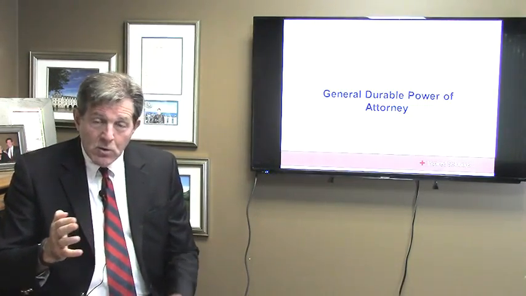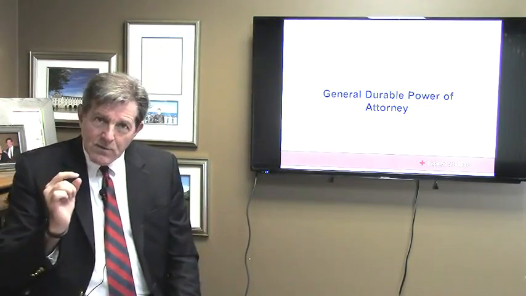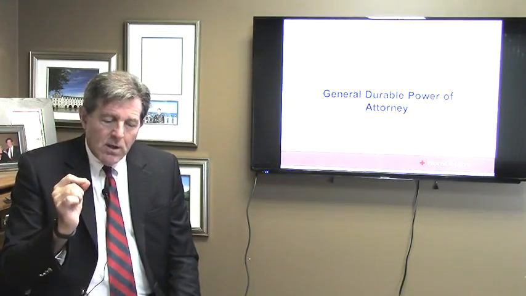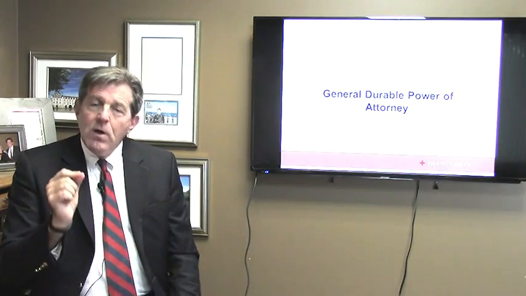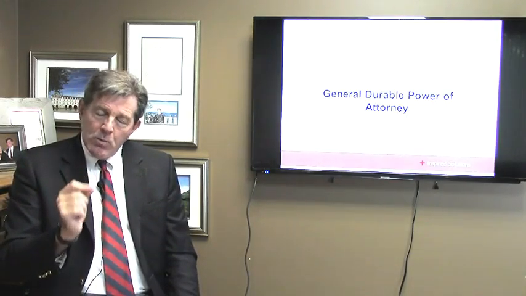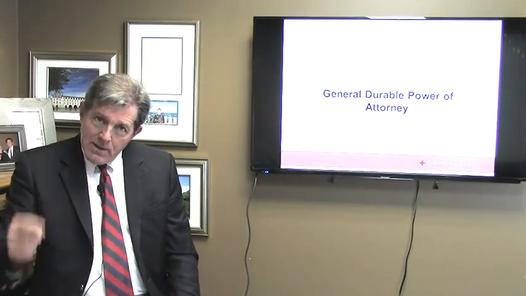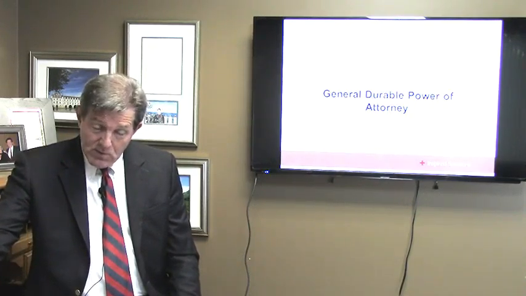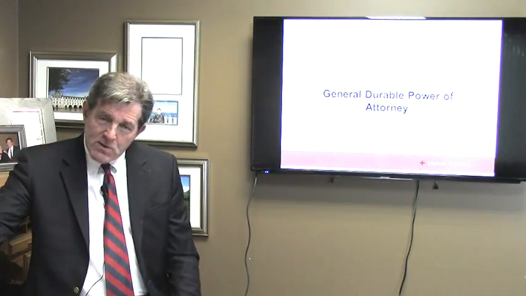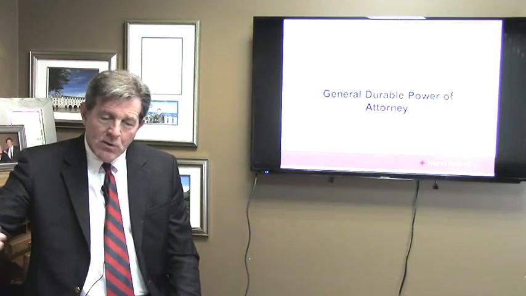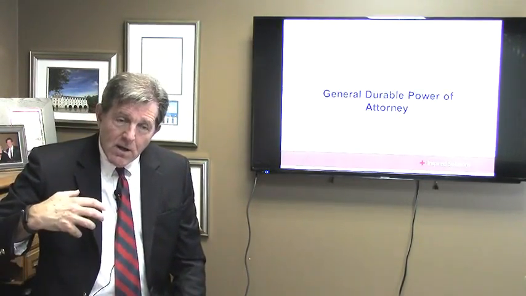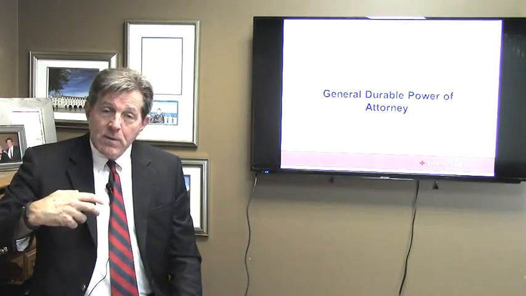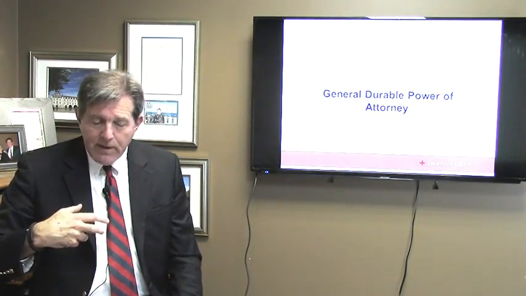And that could be a day or two, or it could be months or years. And so that legal device is what we call a general durable power of attorney. And in that general durable power of attorney, what we will do is we will name an agent or a sequence of agents who are the individuals or the institutions who have the authority to manage those non-trust assets for the benefit of their owner during the period of time that the owner of that asset is incapacitated.